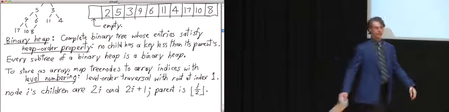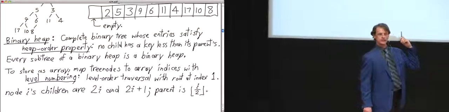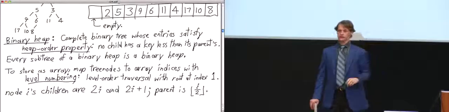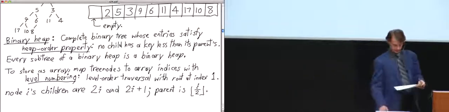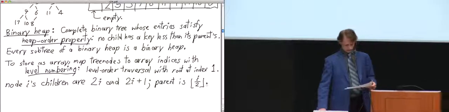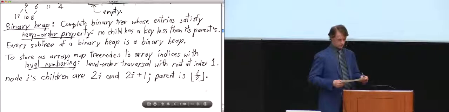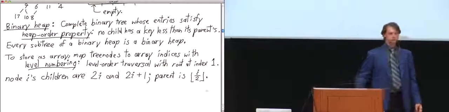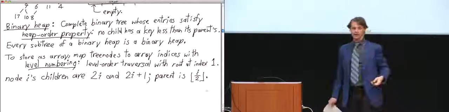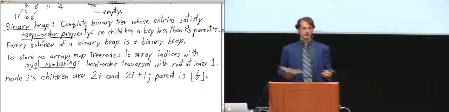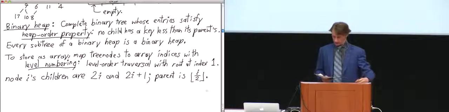You just do a little math and you know where the parents and the children are. And that's much cheaper and faster for the computer to do. So you could use a tree-based data structure, or you could use this array data structure, and it runs maybe 2 or 3 times as fast in practice.